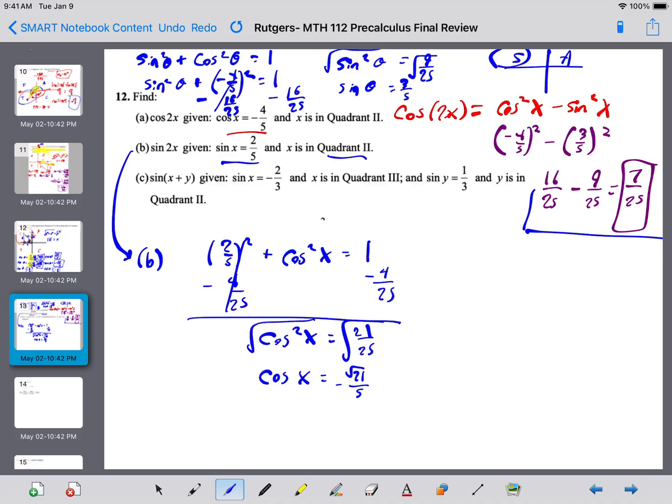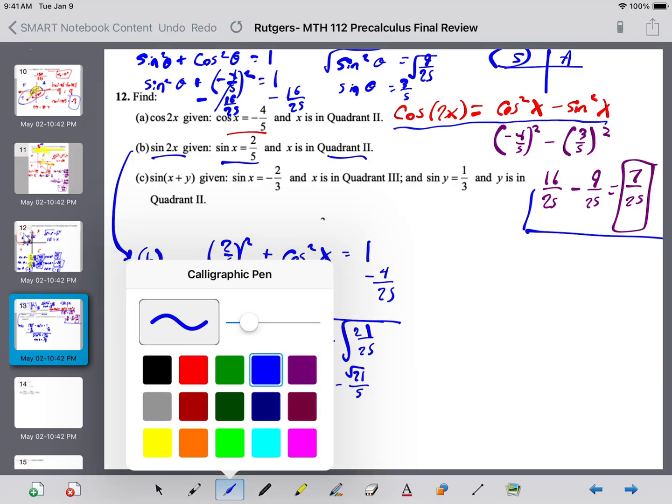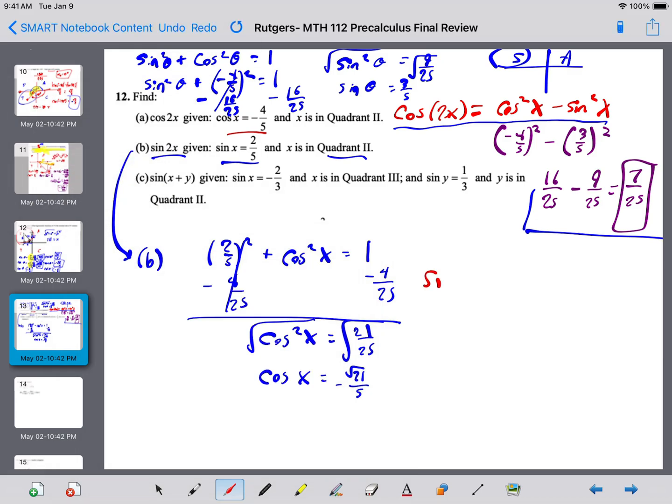So now that we have cosine and sine, we just plug into our double angle formula, right? The cosine double angle. Oh, we're doing sine. Your sine double angle formula is sine of your double angle equals 2 sine x cosine x.